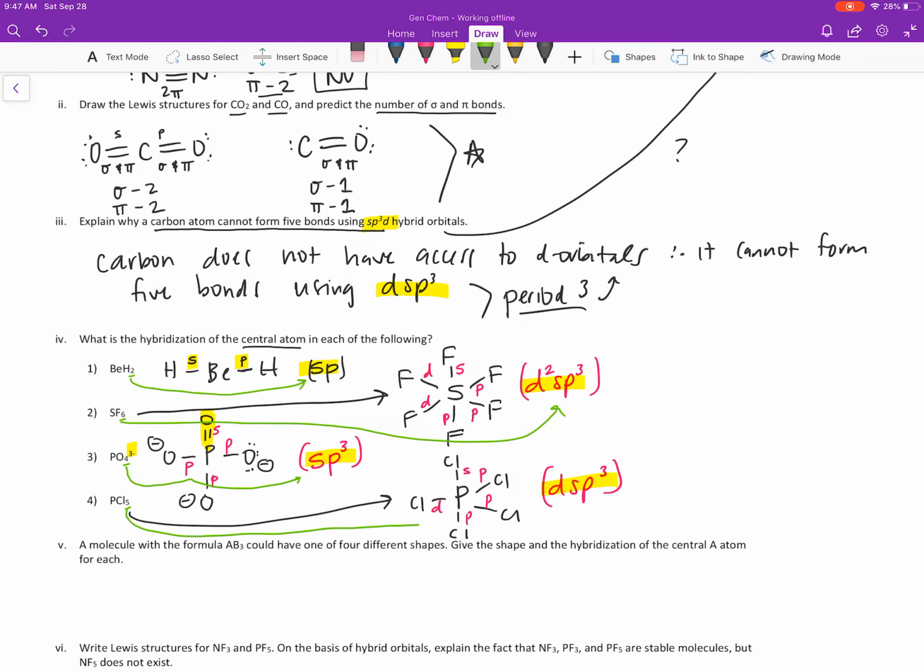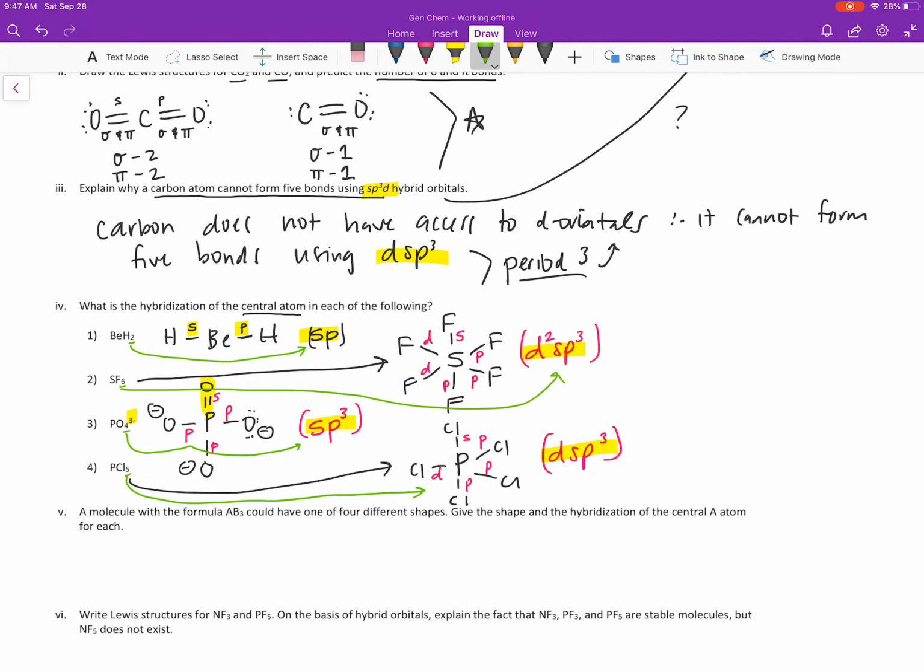Okay, it's not always true because we're going to see how lone pairs on the central atom can affect this. But if your structure doesn't have any lone pairs, the subscript behind the second element will describe the hybridization.